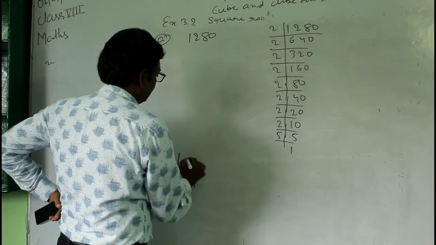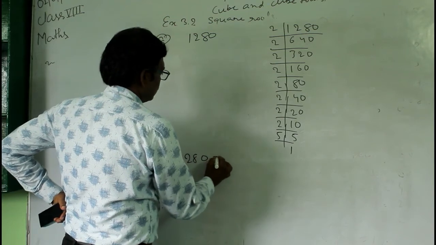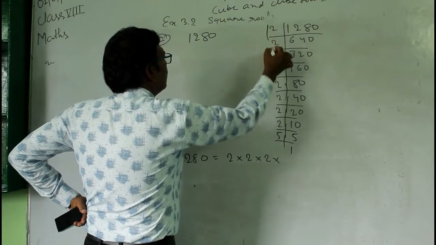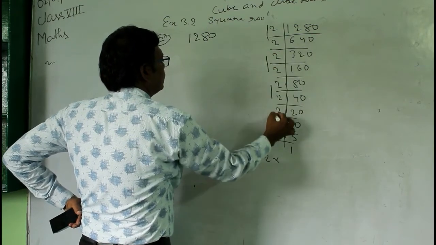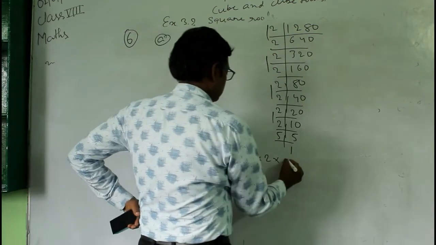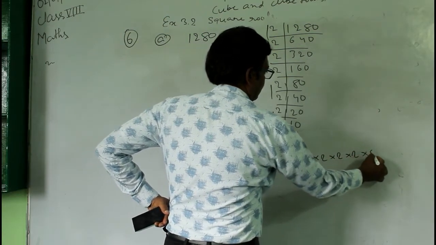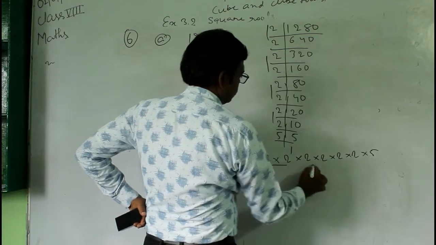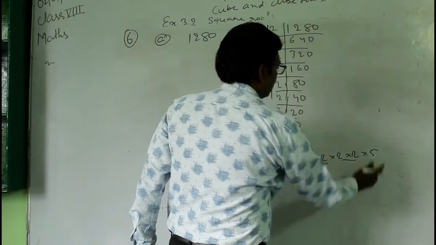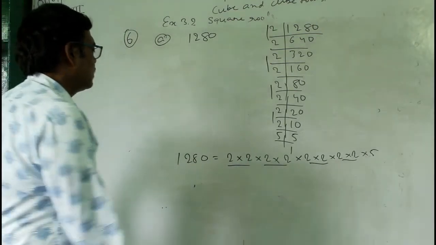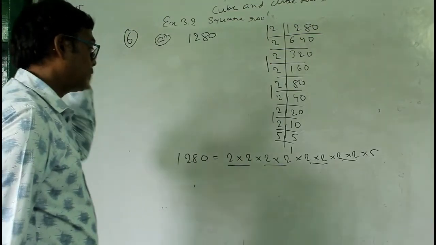So here, 1280 equals 2 into 2 into 2 into, how many times are there? 1 pair, 2 pair, 3 pair, 4 pair. So 8 times 2, into 5. So you have here 8 pairs of 2's. But here see that 5 does not form a pair. So we have to multiply this number by 5 to make it a perfect square.